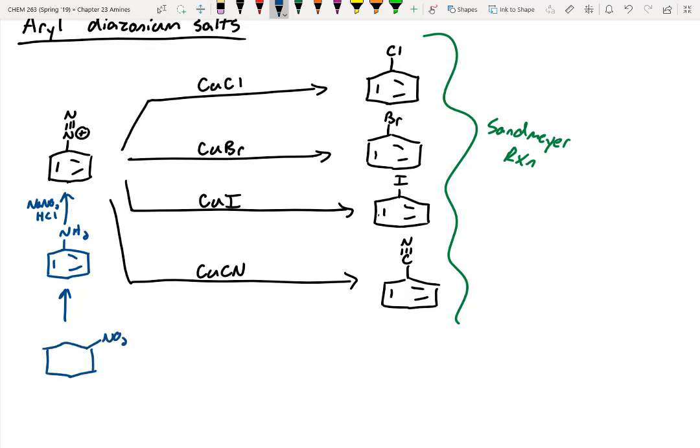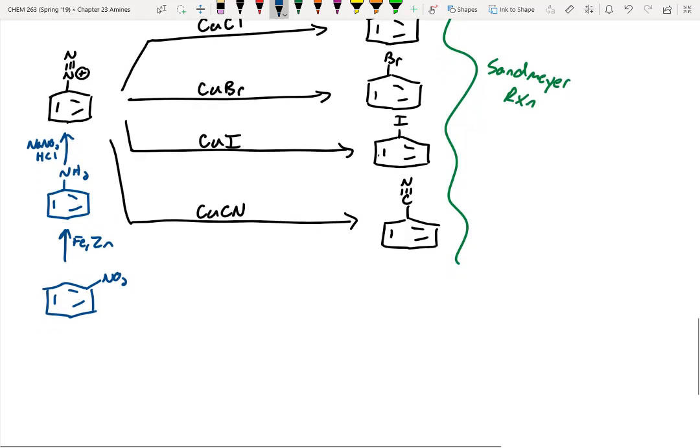Yeah, the easiest way is to go from a nitro group, and then we can do something like iron and zinc, or iron and HCl. Yep, H2/Pt works just as well. And then we can make this directly from benzene by using H2SO4 and HNO3.